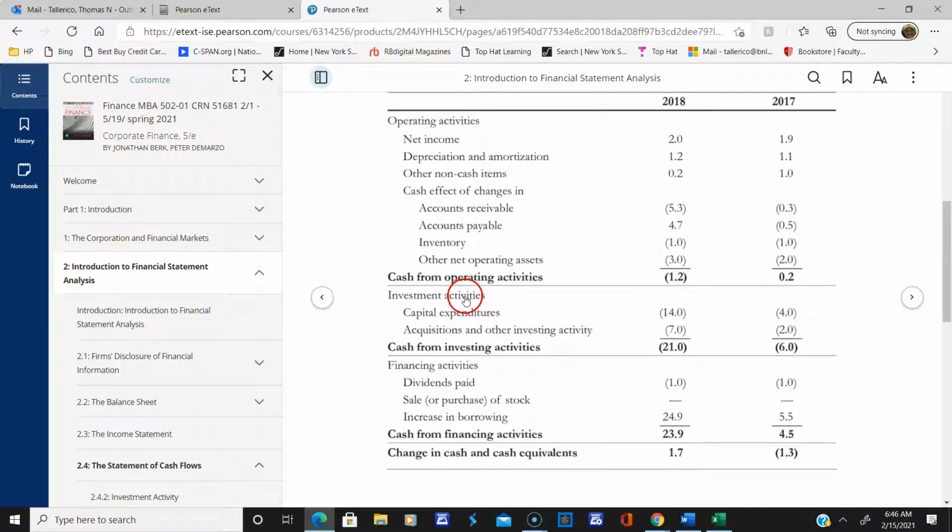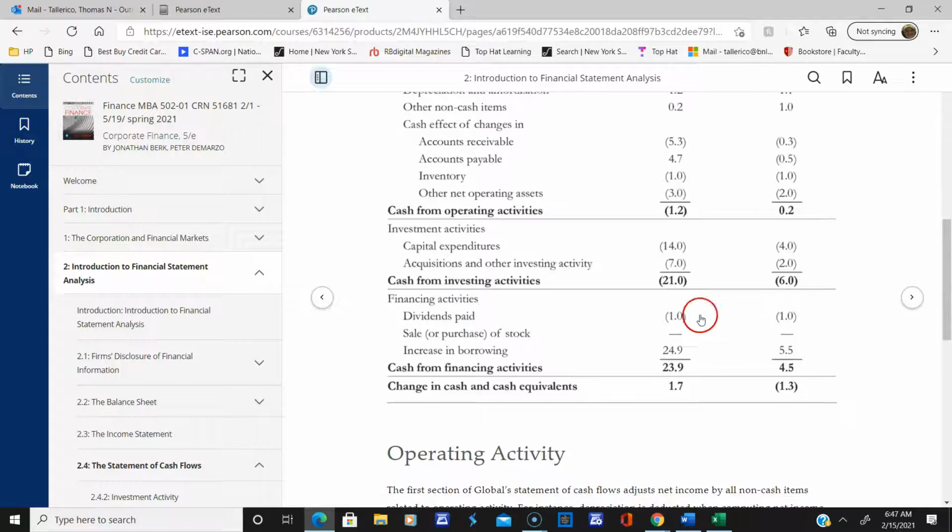And then here's your investment activities right here. Maybe you invested in securities from other companies. So here's your cash from investment activities. Notice again, you're negative here and you're negative here, so things aren't going too well. And here's your financing activities. Financing activities means the stocks and bonds.